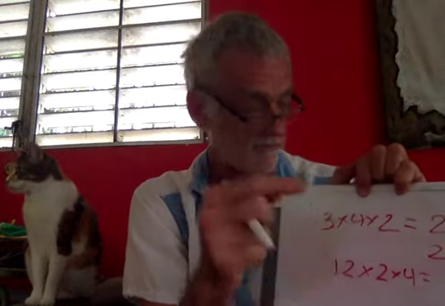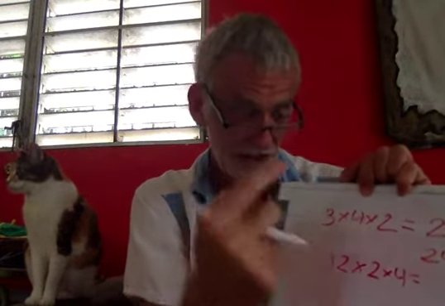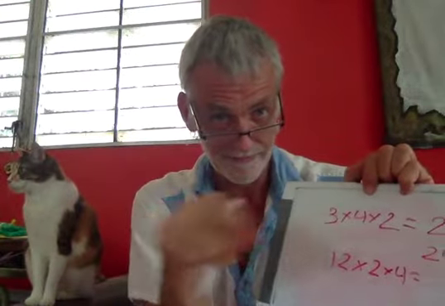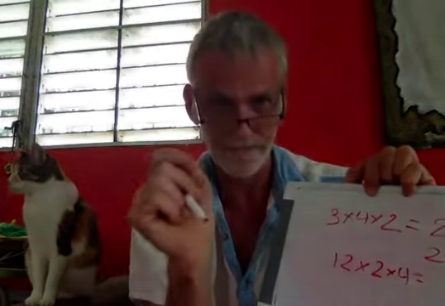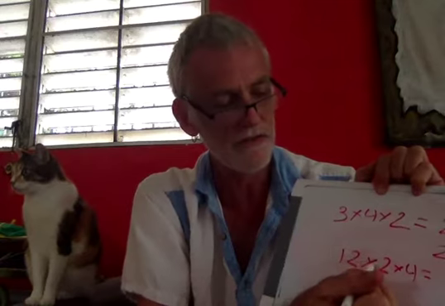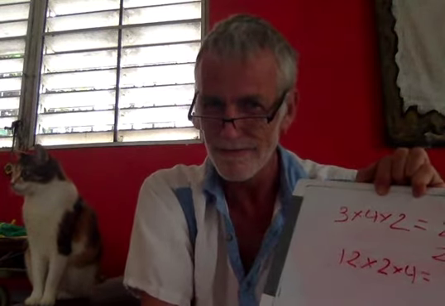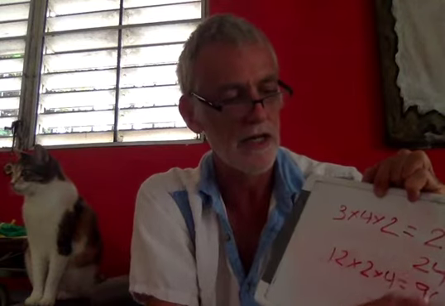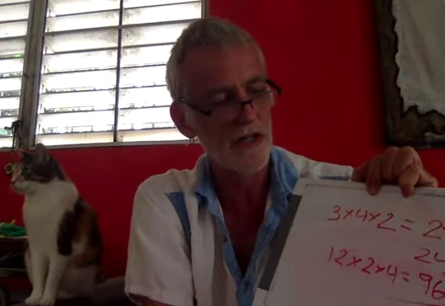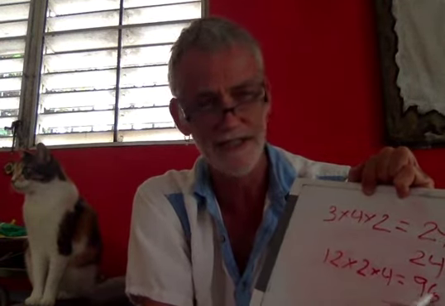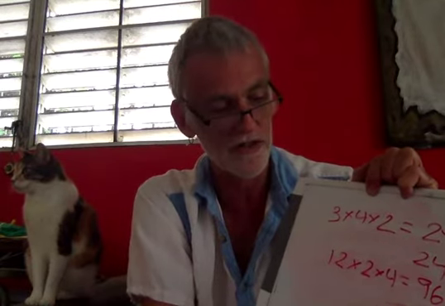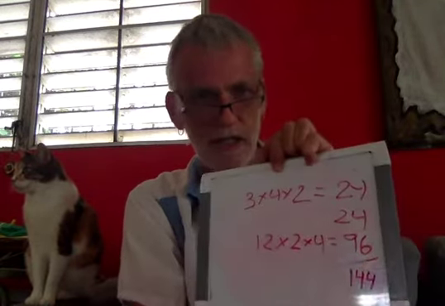It's the same thing as the previous one: you have to look below it to find the third edge. 12 times 2 is 24, times 4 is 96. Add those all up. 48 plus 96 is 144. 144 is the answer to number 3. A gross.